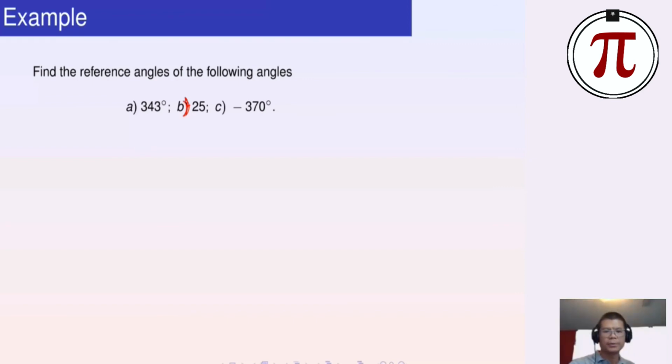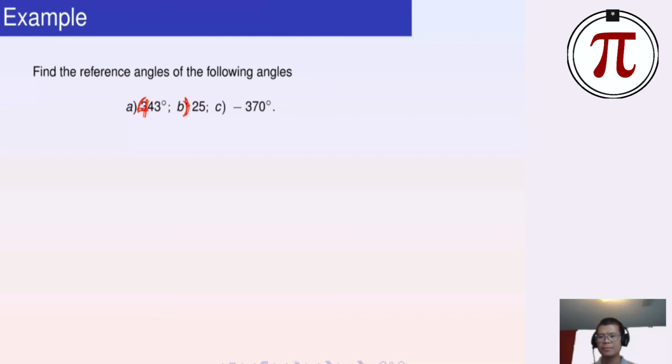Now let's consider this one. Instead of 370 degrees, what I want is 443. How about that? Okay, so can we find this one? Now you can see that for A, 443 is not between 0 and 360.